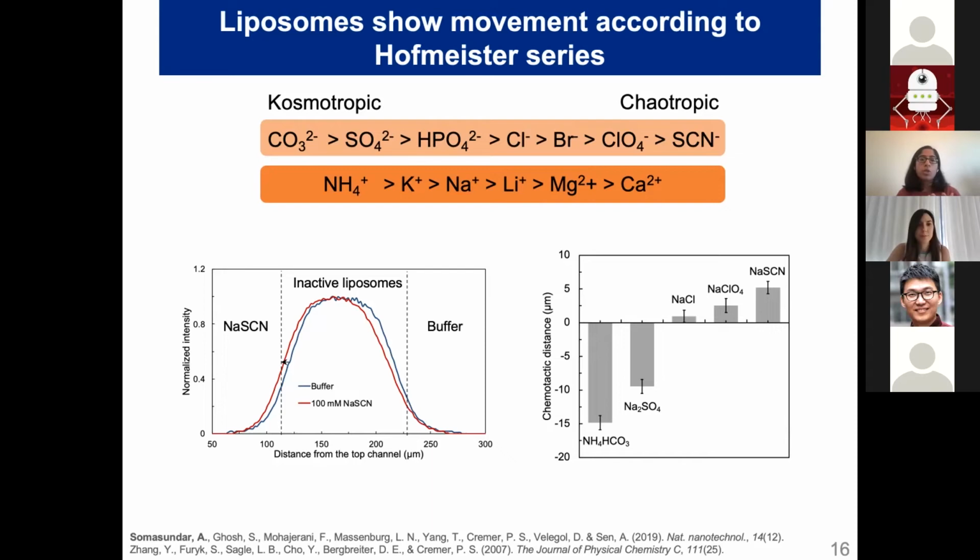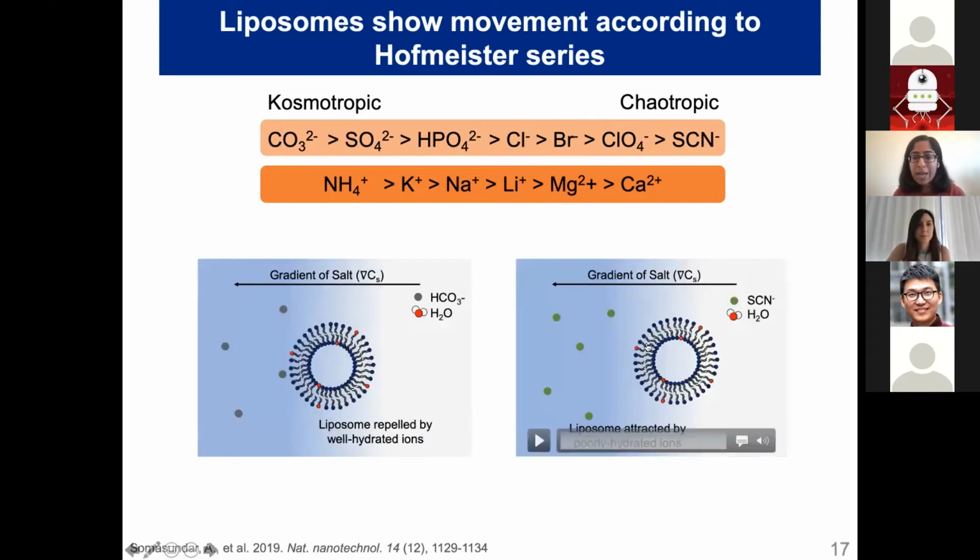This could be because the liposome itself has a hydrophobic part, and because the water structure is poor around these ions, they are able to interact with the hydrophobic parts of the liposomes. Whereas in carbonate, the water structure is really strong and very ordered, so it does not want to break that water structure to interact with anything. And so that's why we think that it is repelled from the lipid-water interface.